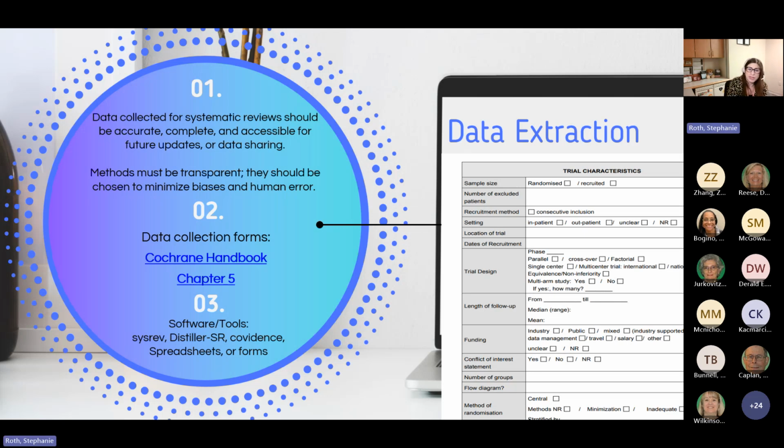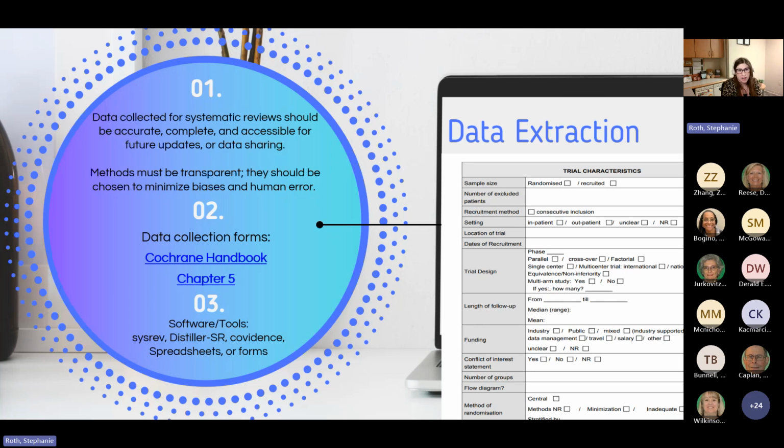And all this process is also done independently by two reviewers and blinded. So they're not supposed to be working together on the data extraction. And then you can have a third tiebreaker as well that serves when there are errors and things in the collection where things aren't adding up. And this process, the methods have to be outlined.